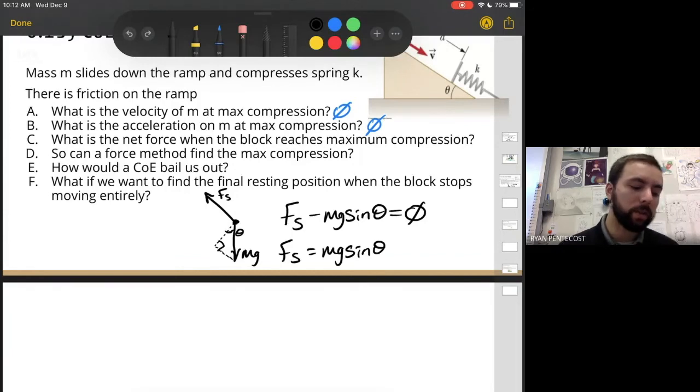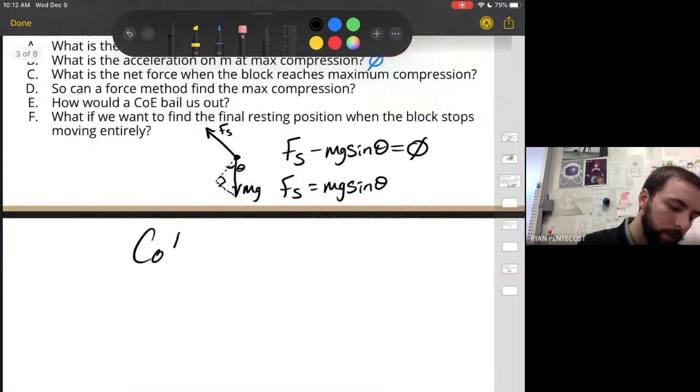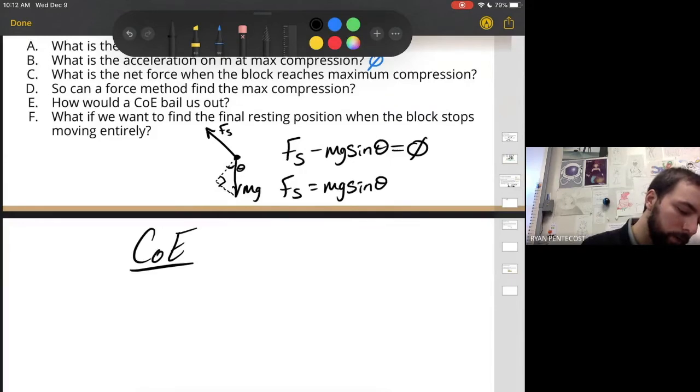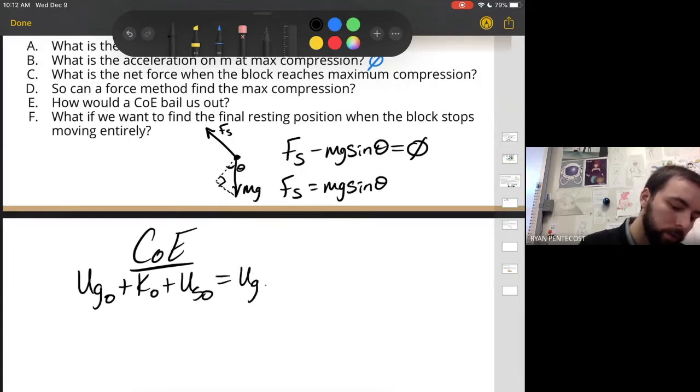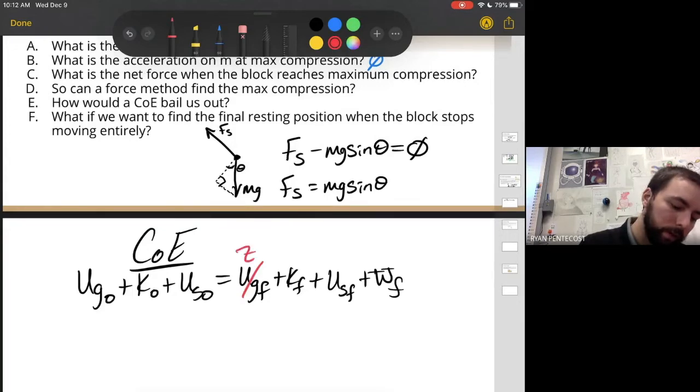But how would a COE bail us out? So a COE could bail us out because that's all COE can find, right? Say we've got gravitational potential energy, kinetic energy, and spring potential energy that equals UGF, KF, USF, and any work done by friction, right? So let's cancel some of this out. Let's call that ZPL. It's got to come to rest.